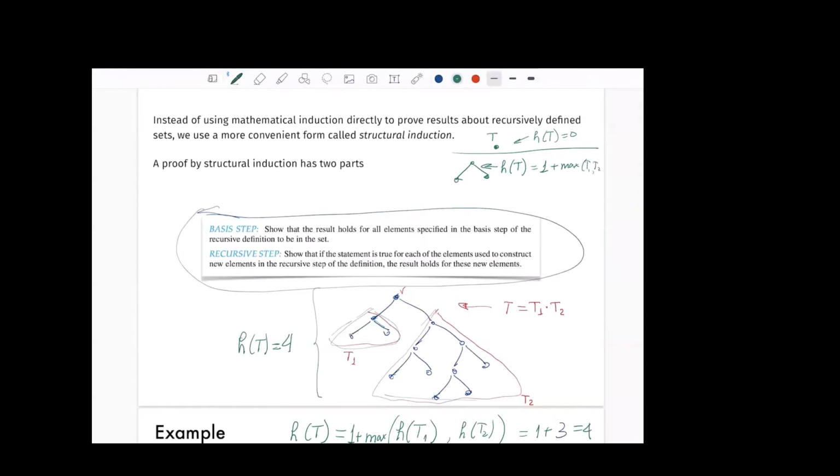Okay, so is this clear, or am I belaboring this point? What do people say? 1 plus max of height T1 and T2.